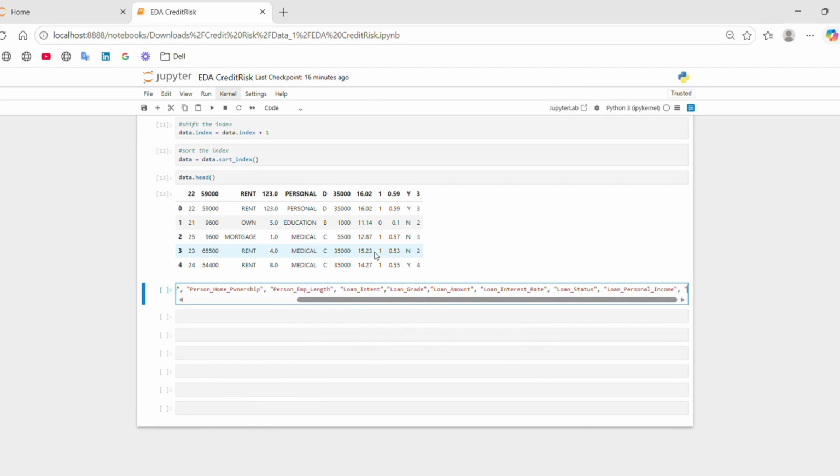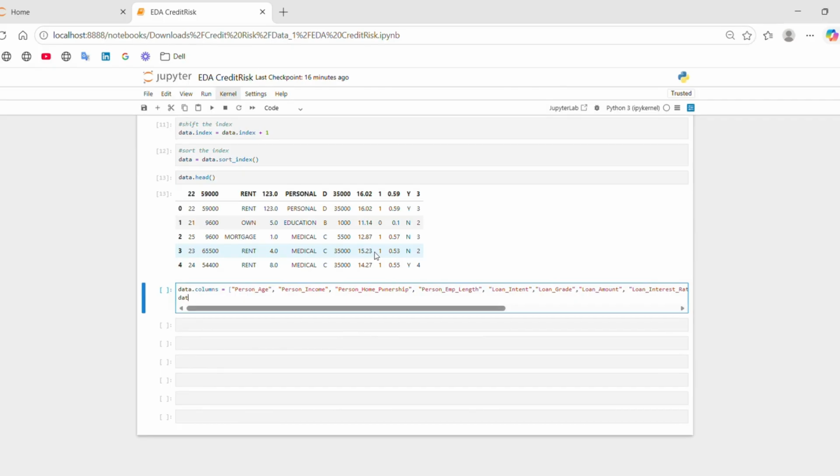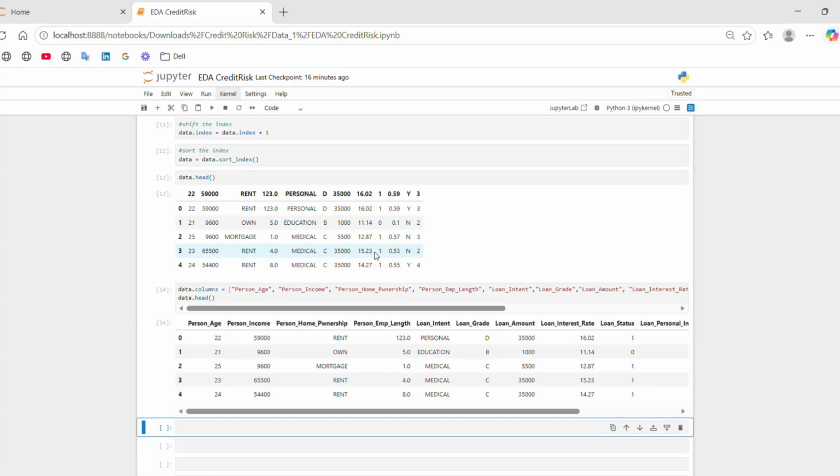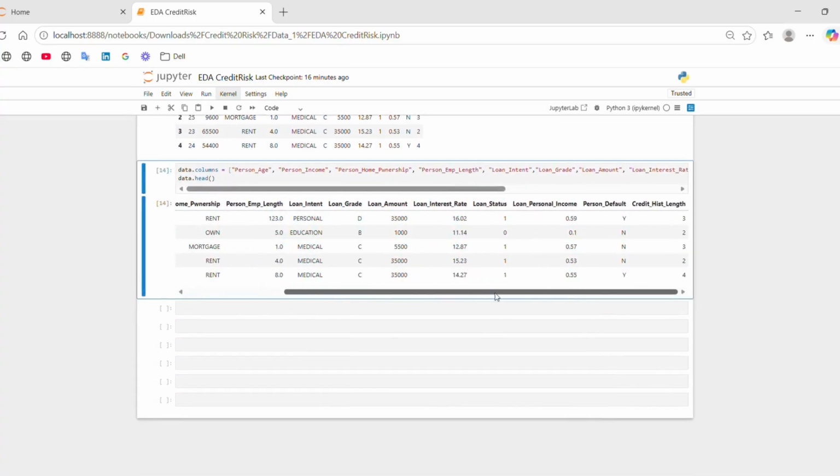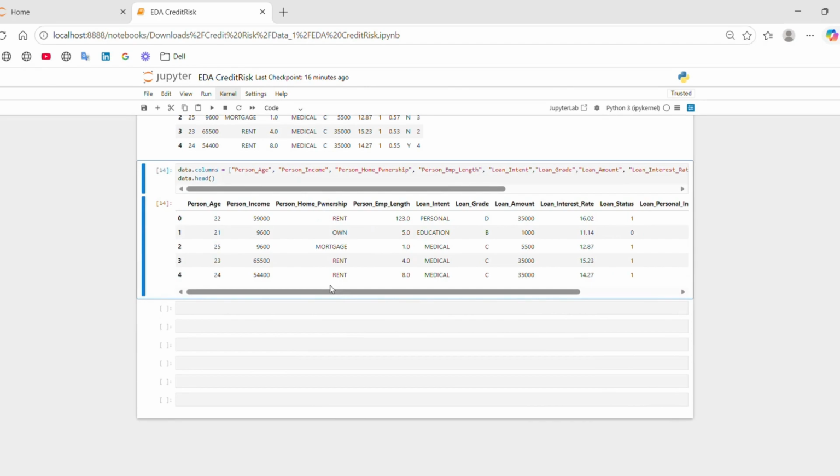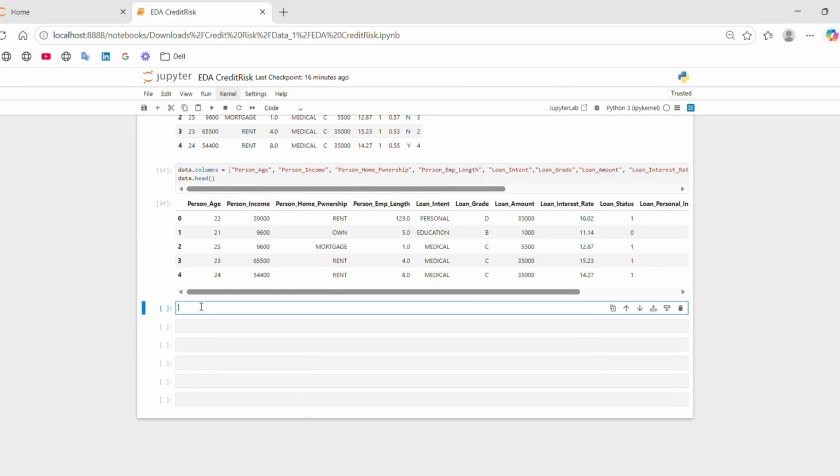Next would be whether the person is getting default or not: person default. And last would be its credit history length. Now let's see how our data set looks. So now we do have columns with all our rows.